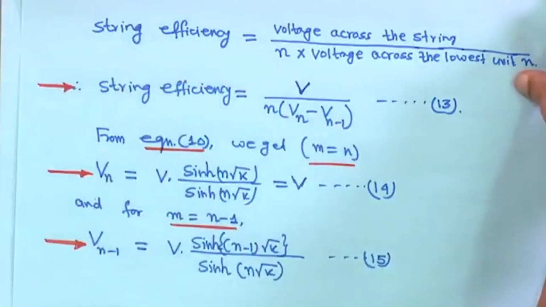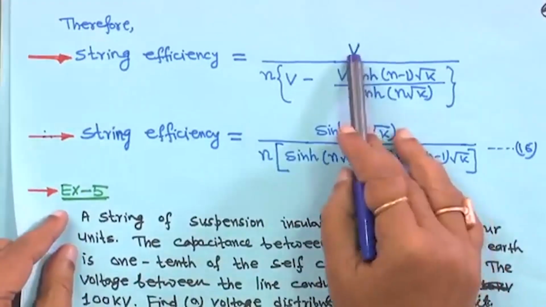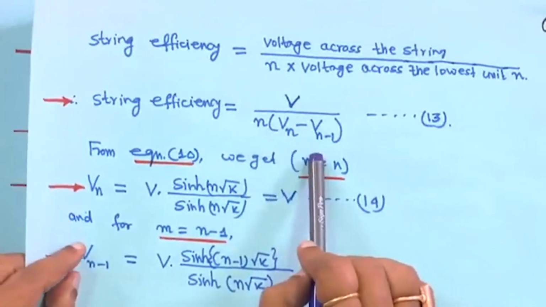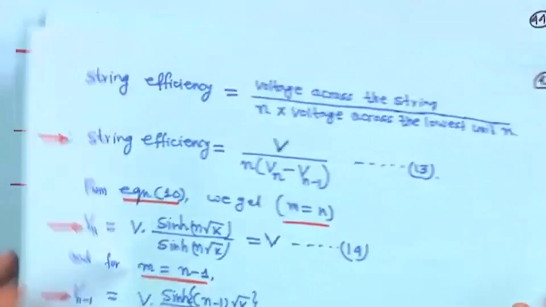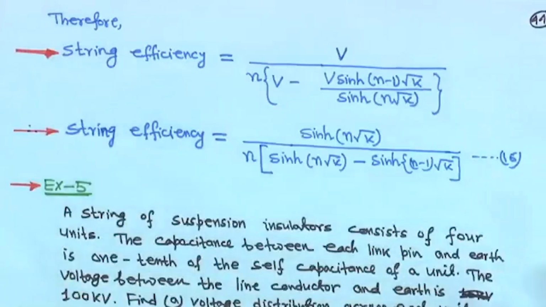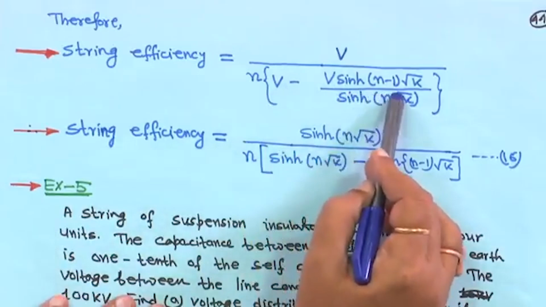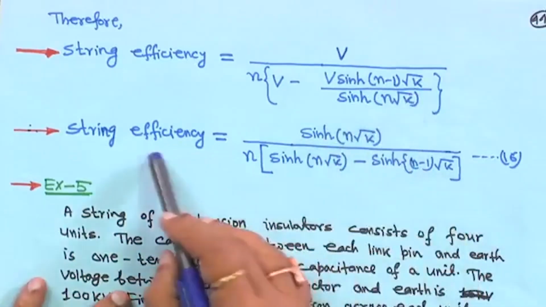Therefore, the string efficiency is V upon n into Vn minus 1, right. So the string efficiency will be V upon n into V minus V sinh of n minus 1 root k divided by sinh of n root k.